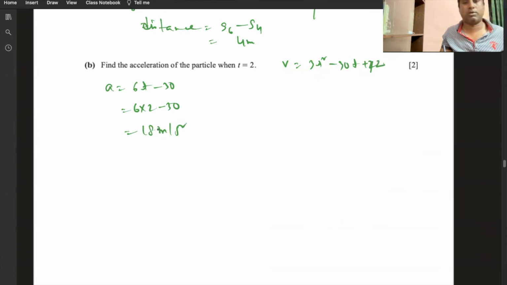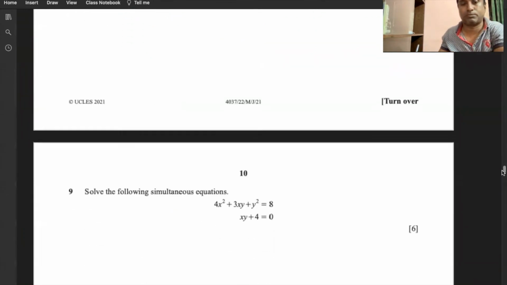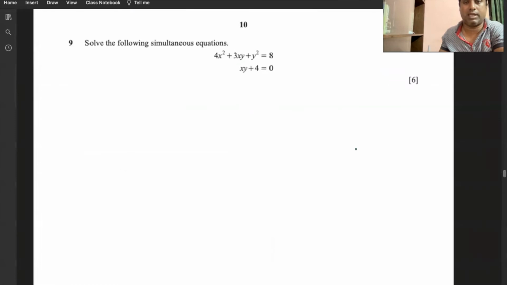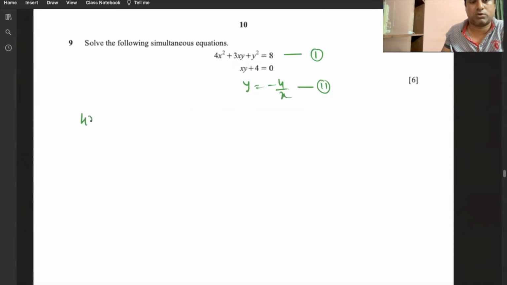Now let us solve the next one. This is question number 9. We are going to solve these two equations simultaneously, and let me consider this as 1. This is y equals minus 4 by x. Question number 2, let me substitute it here. 4x square plus 3x into minus 4 by x plus 16 by x square equals 8.